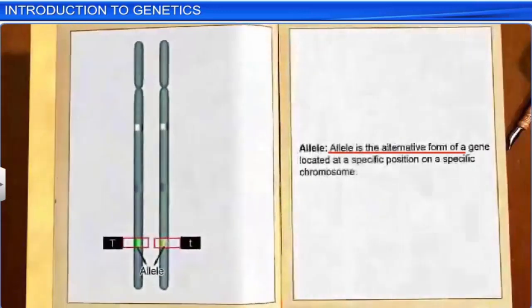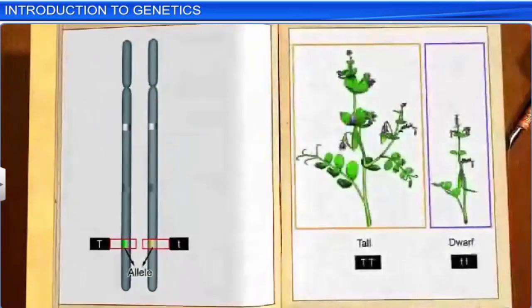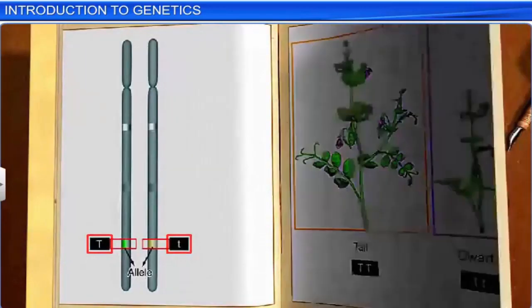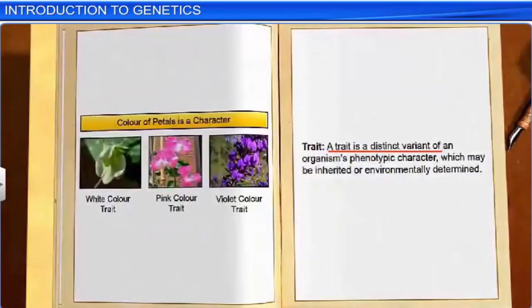The alternative form of a gene located at a specific position on a specific chromosome is known as the allele. It governs the trait of an individual and is generally represented by a letter. A trait can be defined as a distinct variant of an organism's phenotypic character, which may be inherited or environmentally determined. For example, the color of petals is a character or an attribute, while the colors pink, violet, and white are traits.